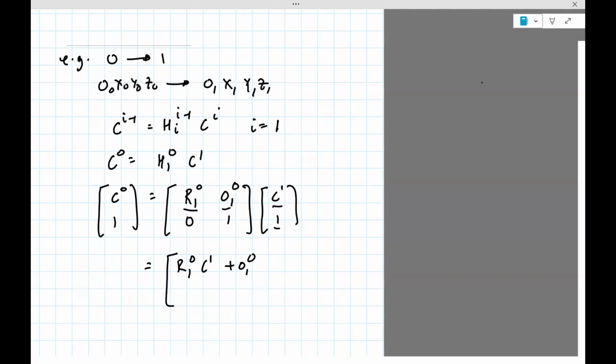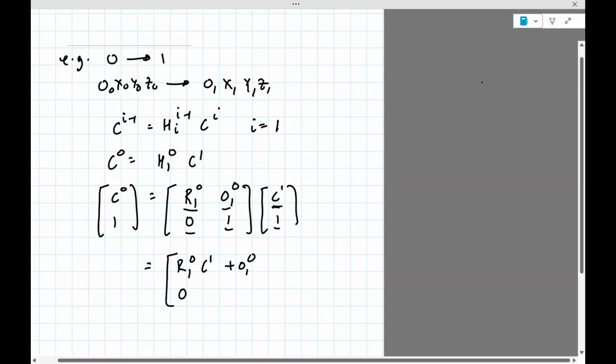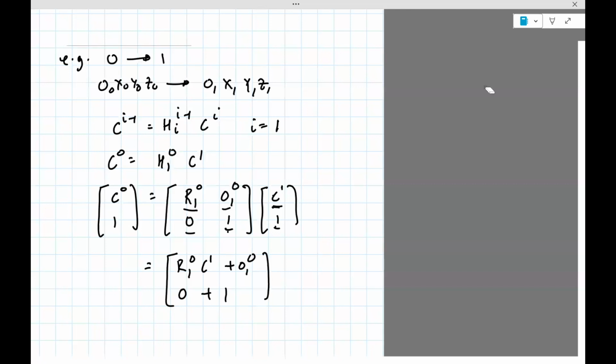Then this 0 is multiplied by c1, so that's 0, and 1 multiplied by 1 is 1. Let me remove the clutter. It comes out to be just that.